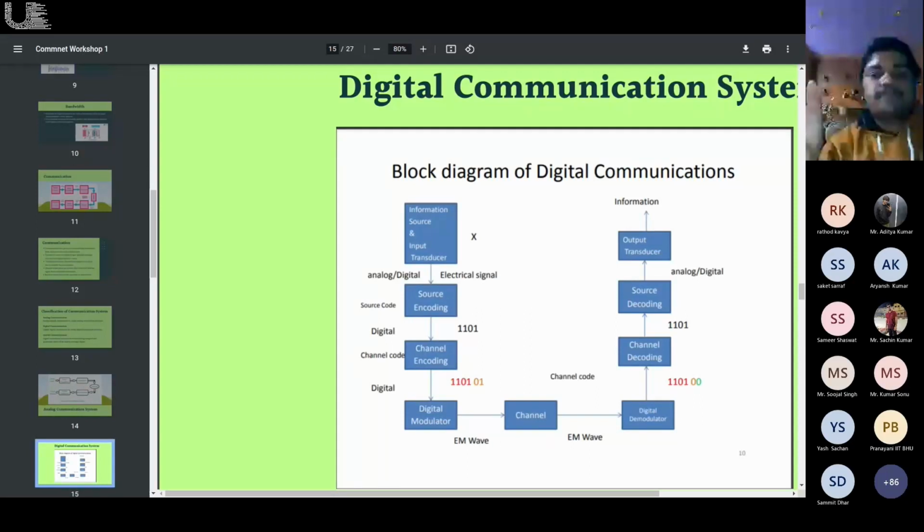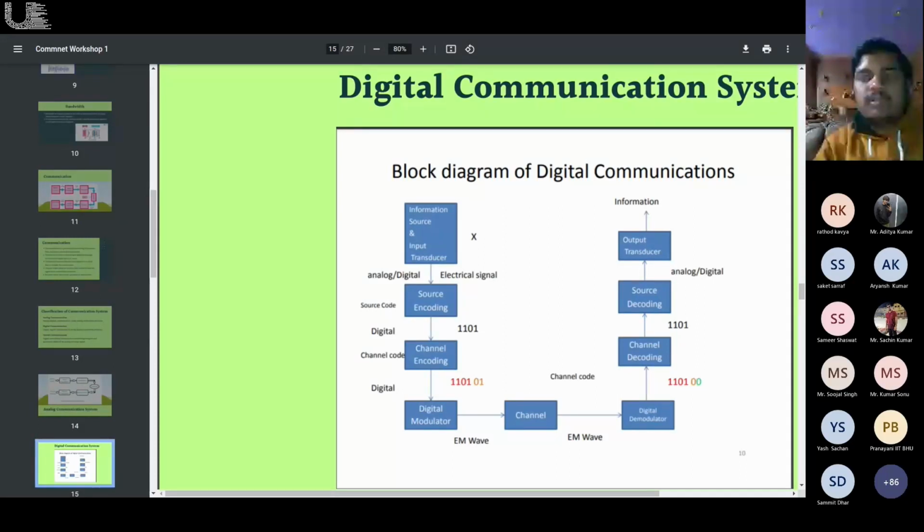So don't think that in a digital communication system the transmitted signal only has values 0 and 1. In the initial phase, we are converting analog to digital. It is clear from the diagram.